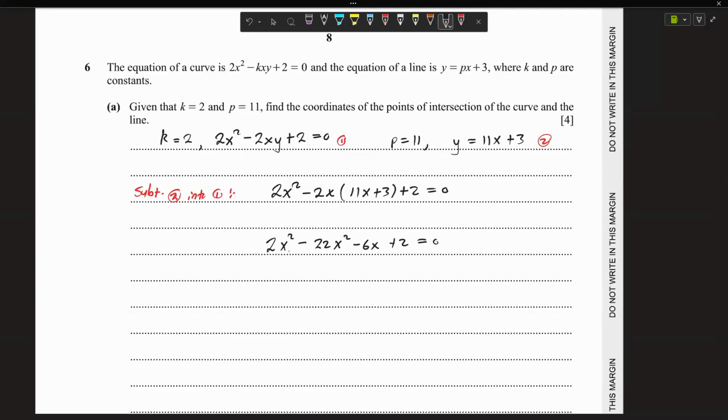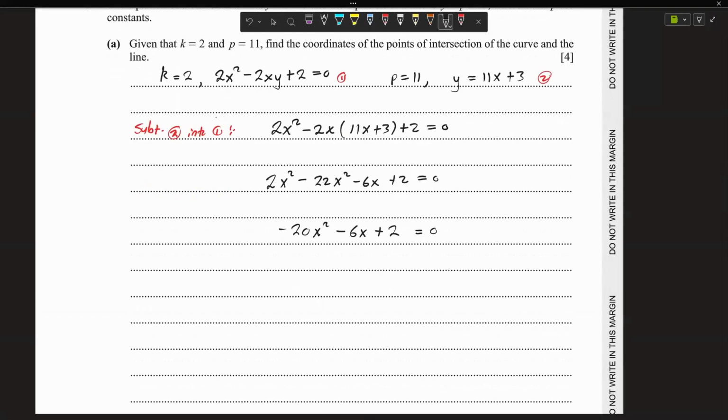So this should be all right. So 2 minus 22 is minus 20, minus 6x plus 2 equal to 0. Let's factor out minus 2. So that will give 10x squared plus 3x minus 1 equal to 0.